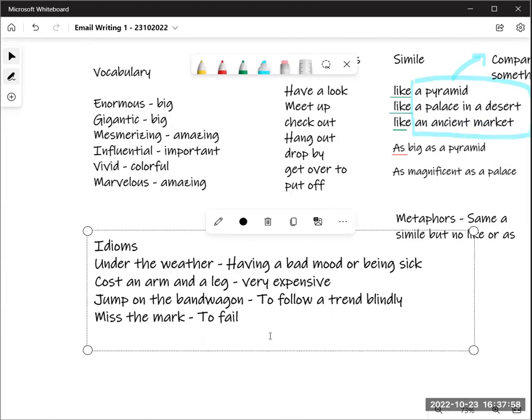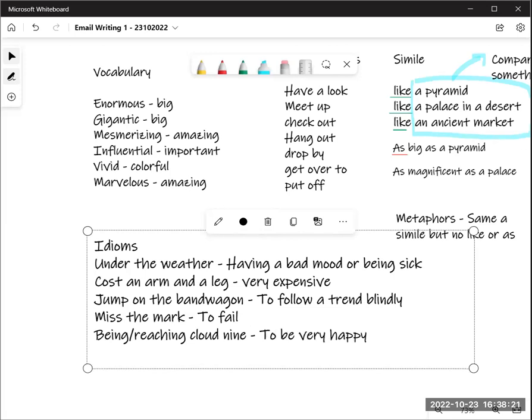And reaching cloud 9, to be very happy. Perhaps when you got there and when you looked at all the pyramids and statues, it was as if you were on cloud 9.